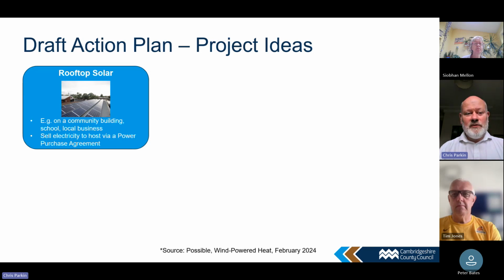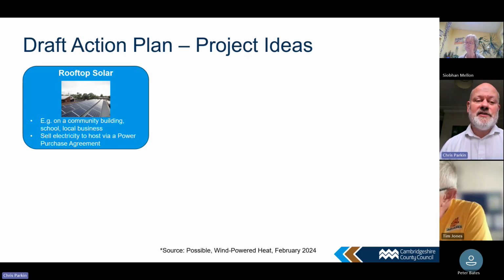The way that would work would be the community energy group would invest and deliver the project, and then the host building would sign a power purchase agreement to buy electricity from them. So that would have mutual benefits in providing low cost electricity to the host, but providing a better return for the community energy group than if they were just trying to sell the electricity to the grid at broadly wholesale prices.